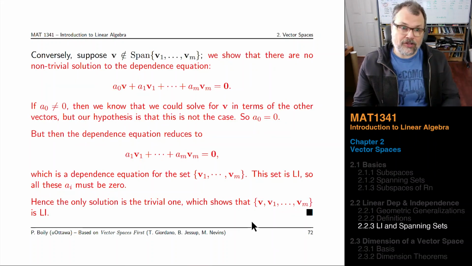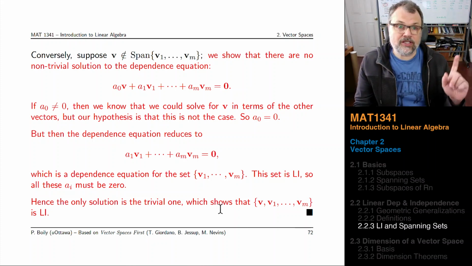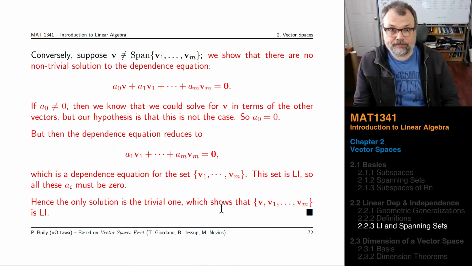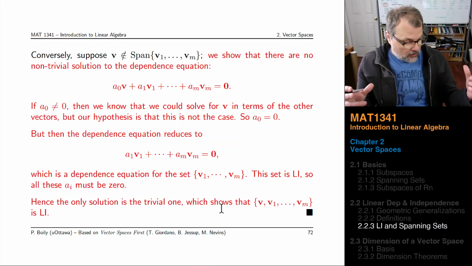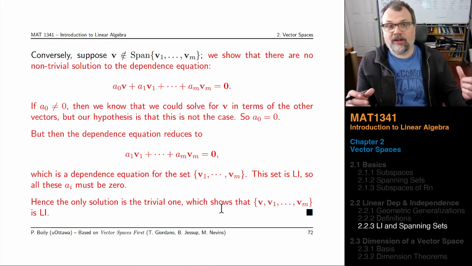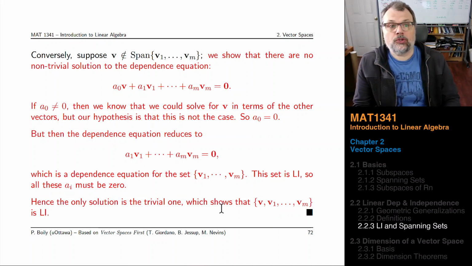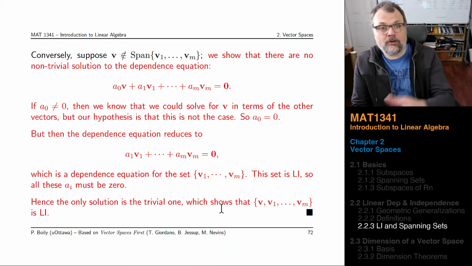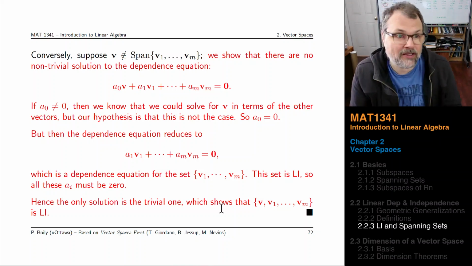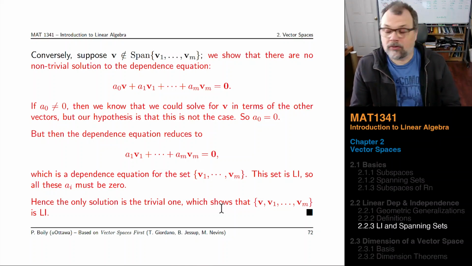In the other direction, let's say you assume that v is not in the span of the m vectors. So what you need to show now is that the bigger set of m+1 vectors has no non-trivial solution to the dependence equation, a0 times v plus a1 v1 plus all the way up to am vm equals 0. Then the only way you can solve that is to have a0, a1, and so on equal to 0.